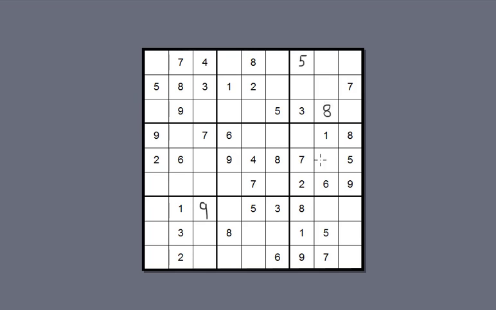So it draws my attention. What's missing from this box? We have 1, 2, 5, 6, 7, 8, and 9, so we're missing 3 and 4. Well, we know there's a 3 in this column, so we can't have a 3 here, which means that 3 must go here instead, because there's nowhere else for the 3 to go. And that, of course, means that this must be a 4.